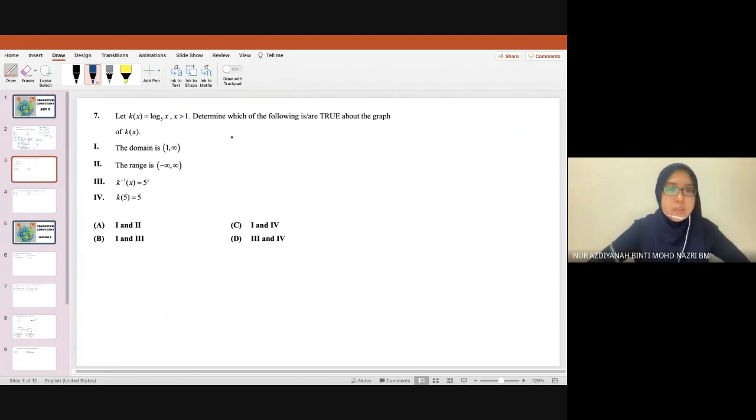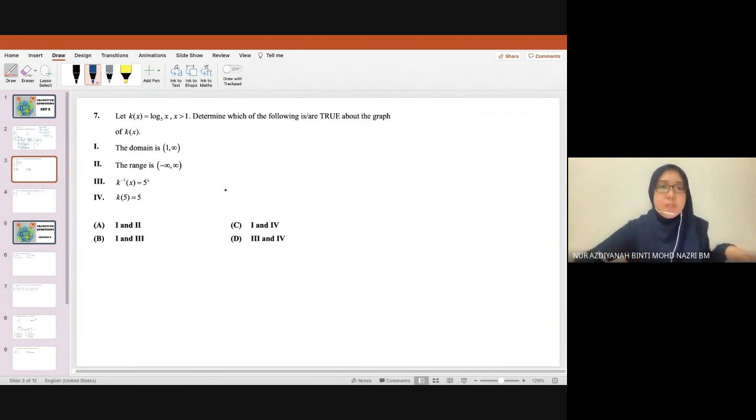Okay, so for question number 7 here, dia bagi tahu let f of x is log x is 5 and x is greater than 1. Okay, so determine which of the following is true about the graph. Okay, so graph untuk this one, apa yang betul, apa yang salah. So we'll take a look at this one.